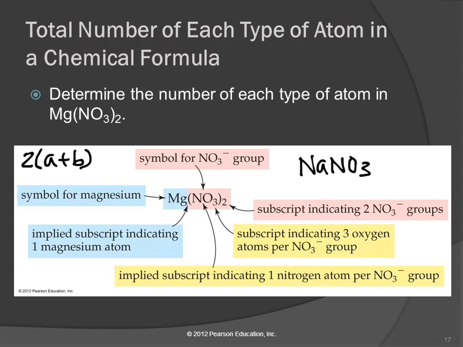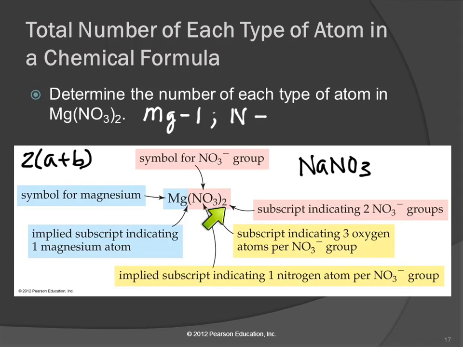So how would we answer this? So how many magnesium atoms are indicated in that formula? 1. There's no subscript after magnesium. That implies that there's 1 of those. Now, another element that's in there is nitrogen. How many nitrogen atoms are in there? 2.